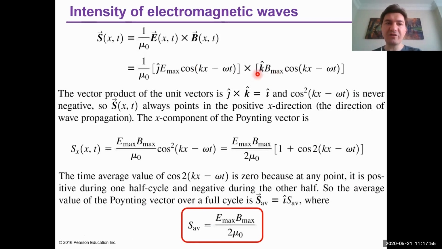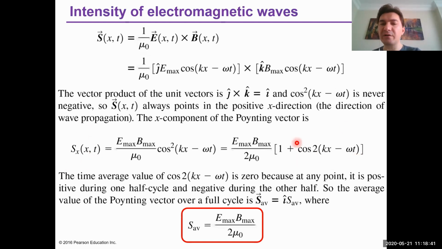So now just write this one, E max, B max over mu 0 cosine square (kx minus omega t). This cosine square function can be written as 1/2 times (1 plus cosine 2(kx minus omega t)). So we will take the average of this one.